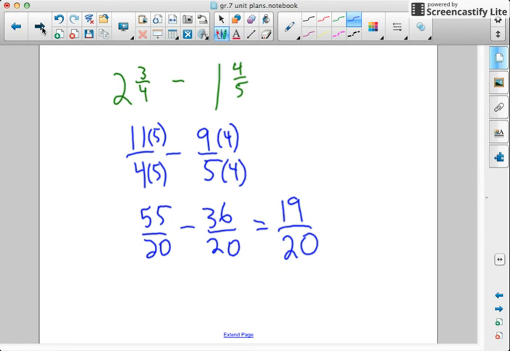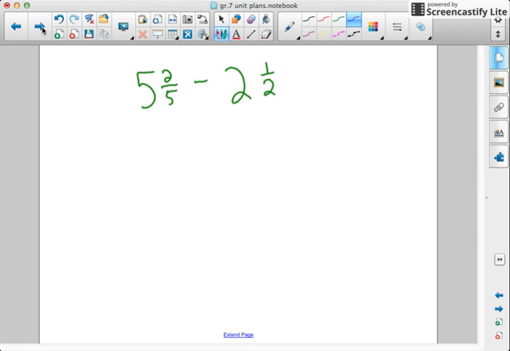Okay, let's do another example. So if I converted these, I would have 27 fifths, subtract 5 halves. The common denominator would be 10, so times this one by 2, times this one by 5.